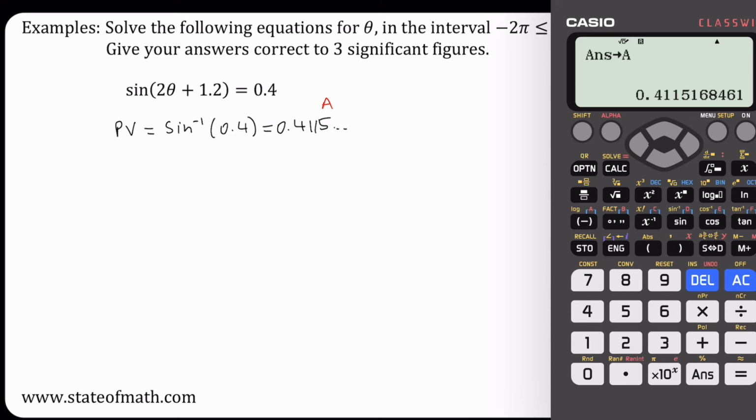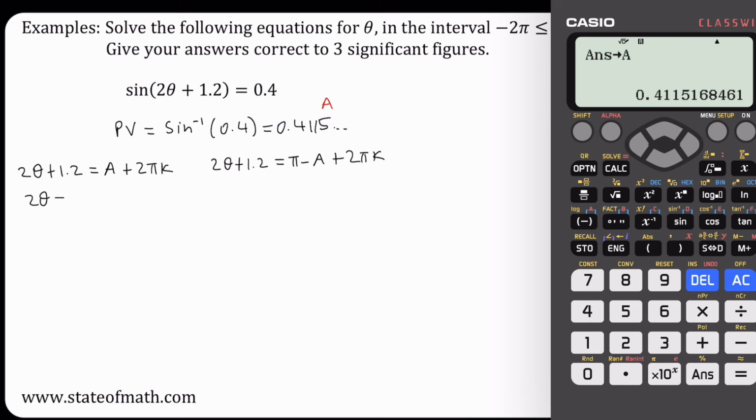Well, we know that for sine, 2 theta + 1.2 is the PV, which was A + 2 pi k, or 2 theta + 1.2 is pi - A + 2 pi k. So I will solve for theta.